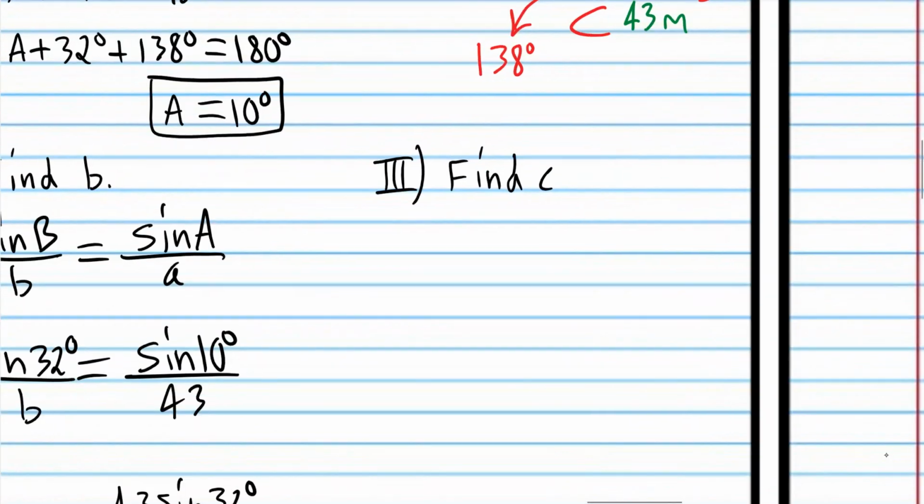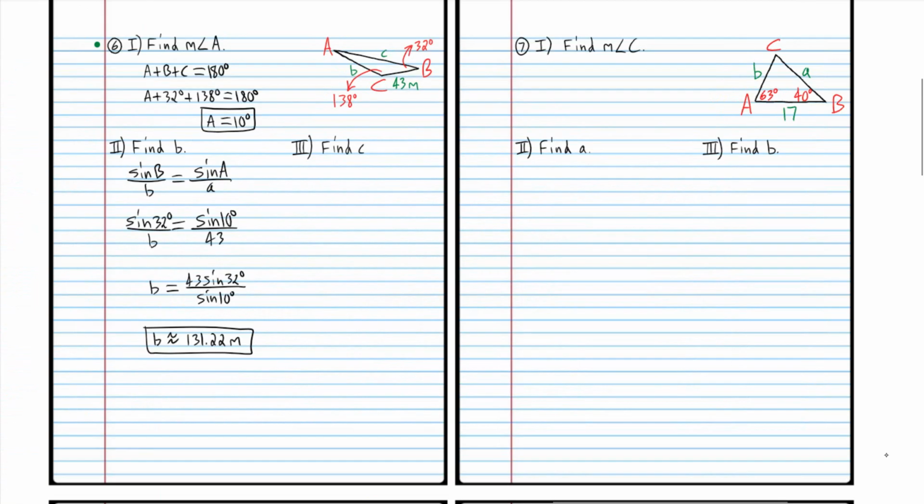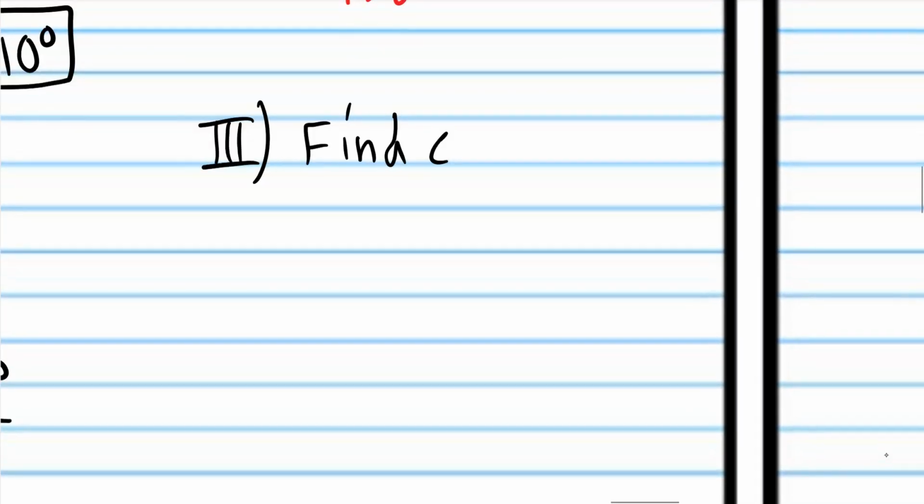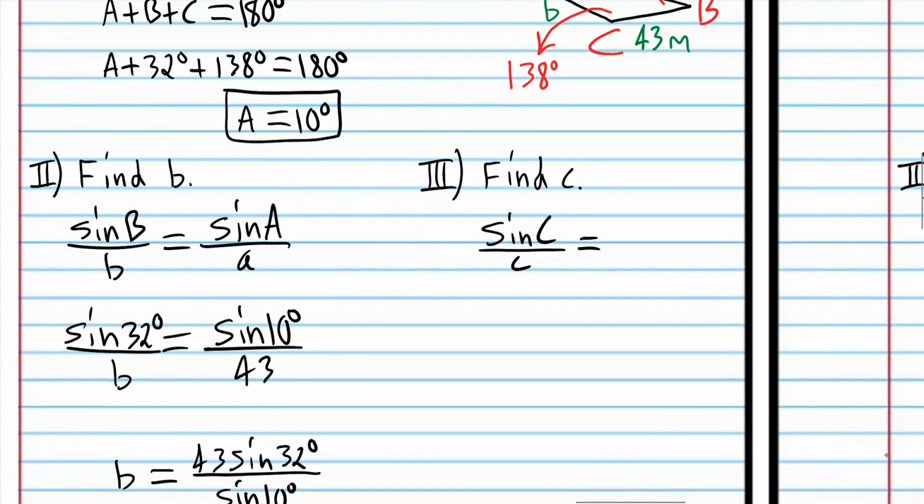So now we're going to find the length of side C. And because we're trying to find the length of side C, obviously we're going to use the ratio sine capital C over lowercase c. And we know this ratio, sine A over A, so we're going to use that.